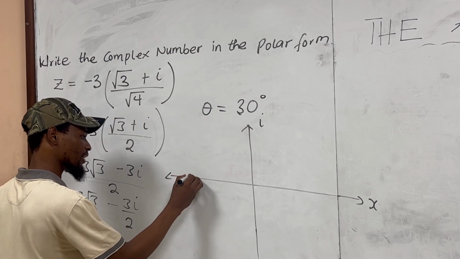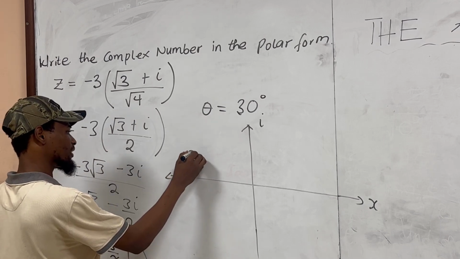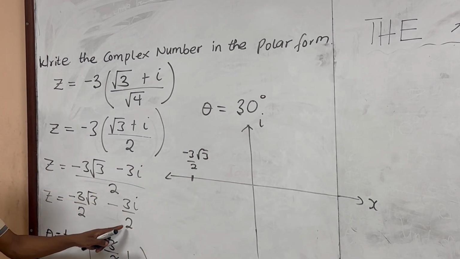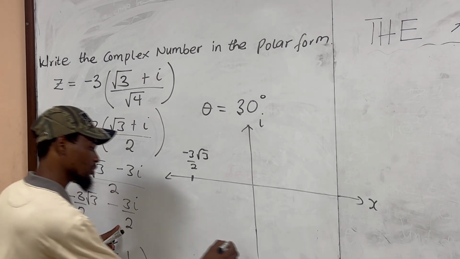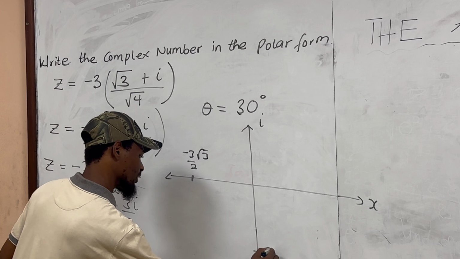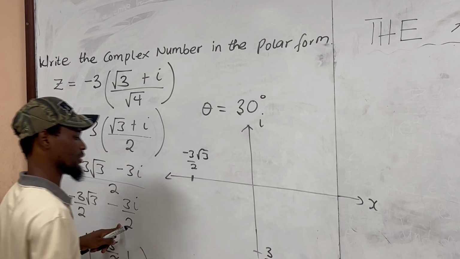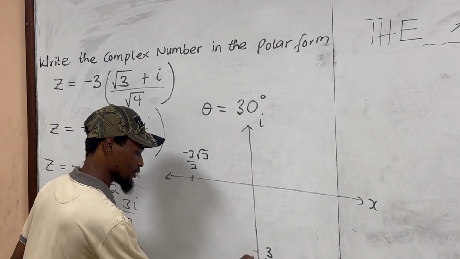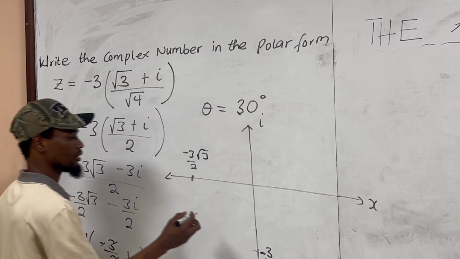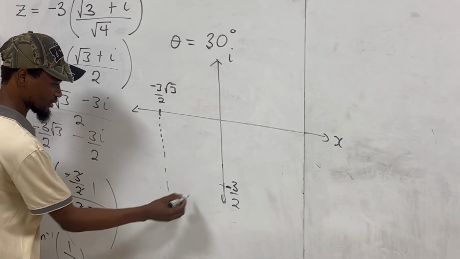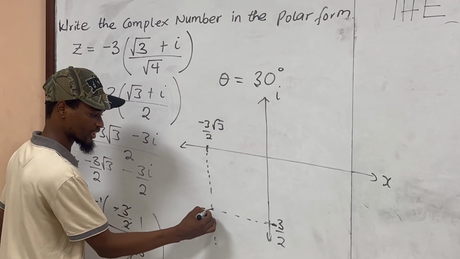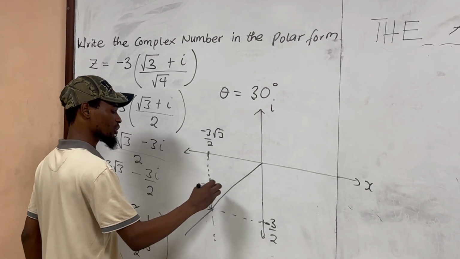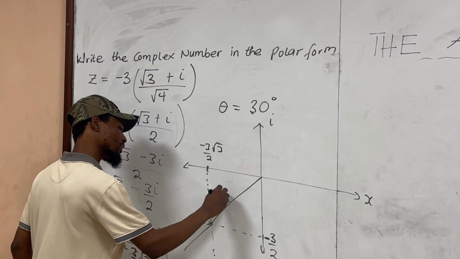So my x here, we have negative 3 root 3 on 2, and this is my y, which is negative 3 on 2. If I draw a straight line to pass through the point of intersection, this is r, my modulus.